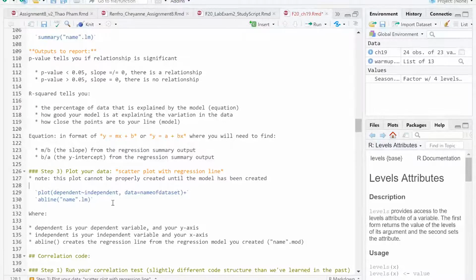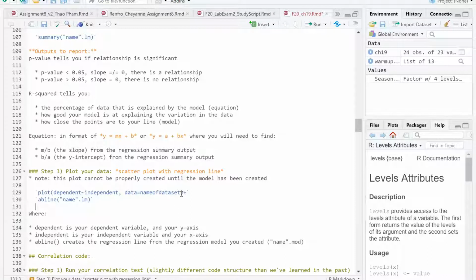Regardless, when you do plot your data, you're going to make a scatter plot with the regression line using this plot function. So you can do plot for dependent, squiggle, independent. Remember, dependent has to come first, comma, data equals the name of your data set.